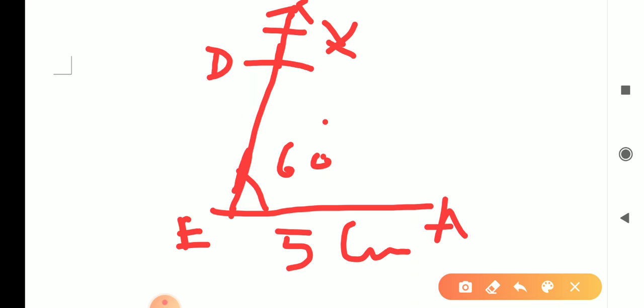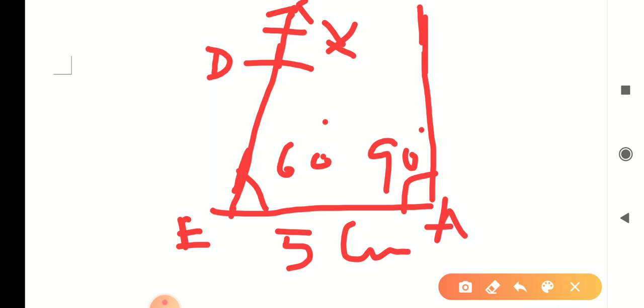Now taking A as center, as given that angle A is equal to 90 degree, draw an angle of 90 degree at the point A. This is the 90 degree angle. This is also an extended line, or you can say ray, that is AY.